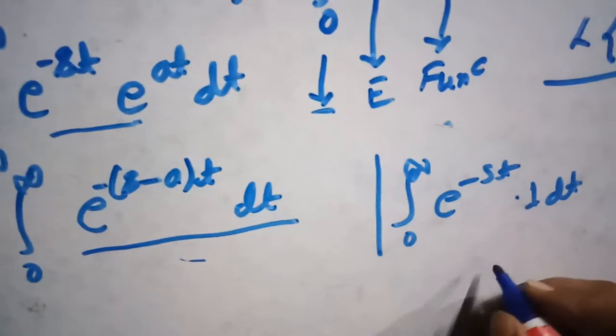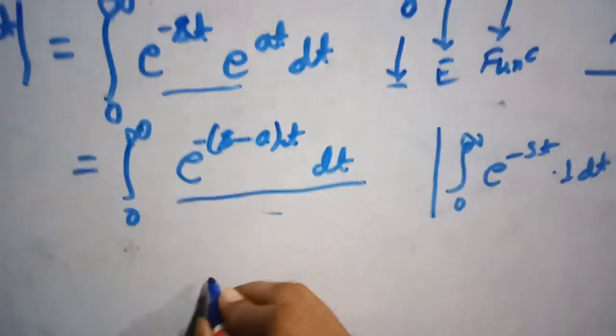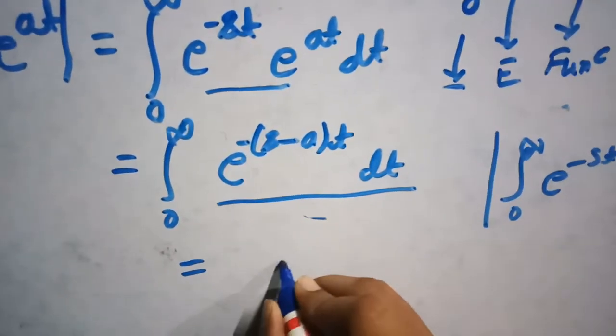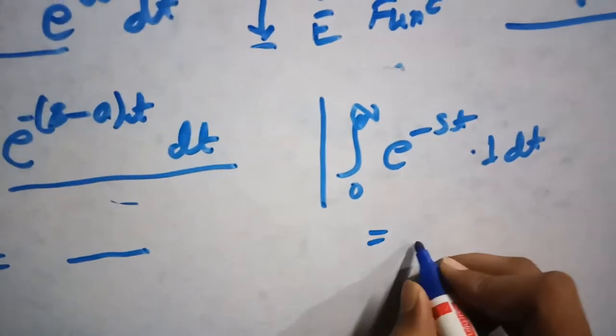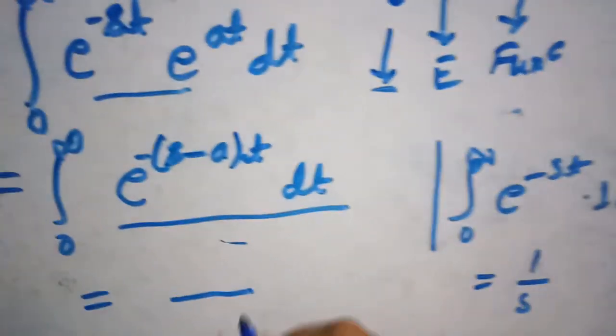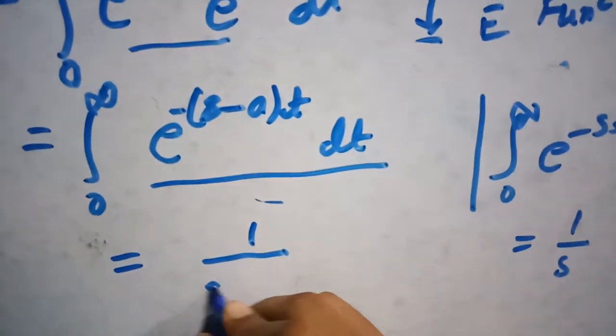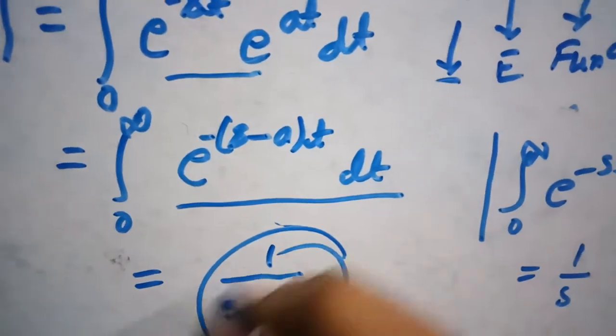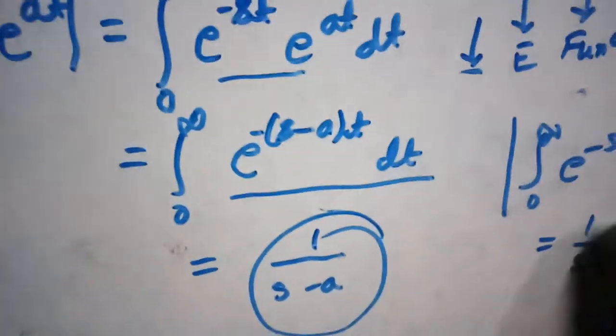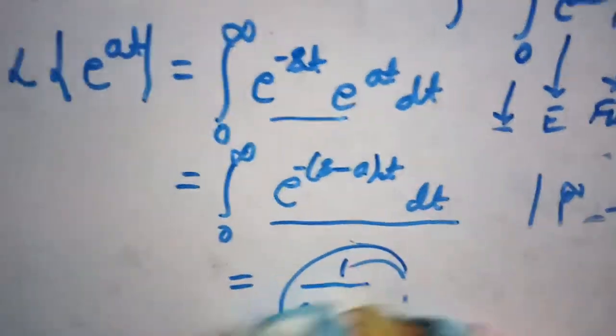By relating the two terms we can conclude that this will be 1 by s minus a. So this is the shortest formula.